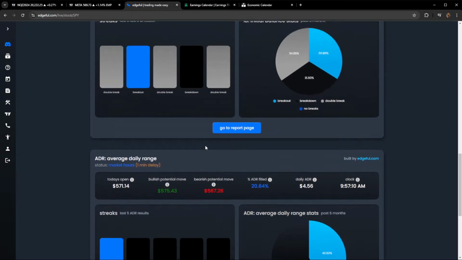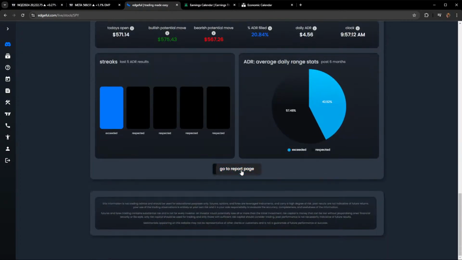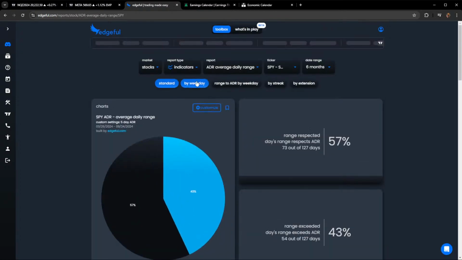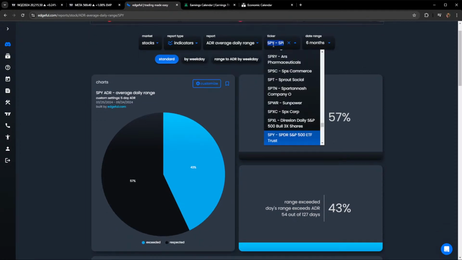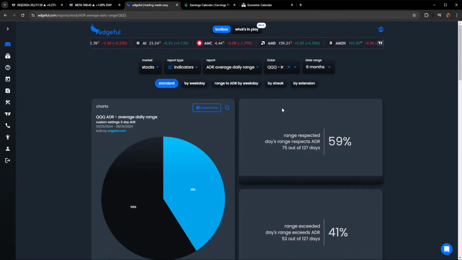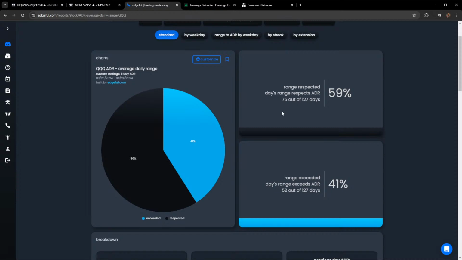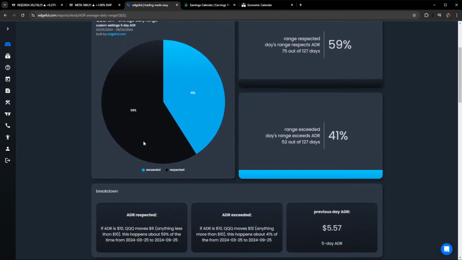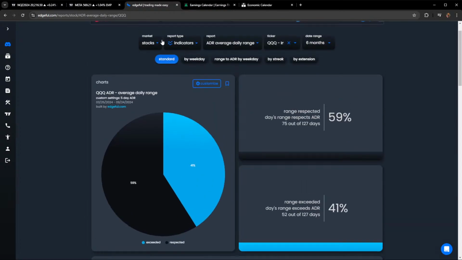That's interesting. I know some of you probably use ATR or ADR as a calculator. It is interesting to see. QQQ. I mean, with VIX the way it is, we've been exceeding this way more than normal. That's a really interesting stat there.